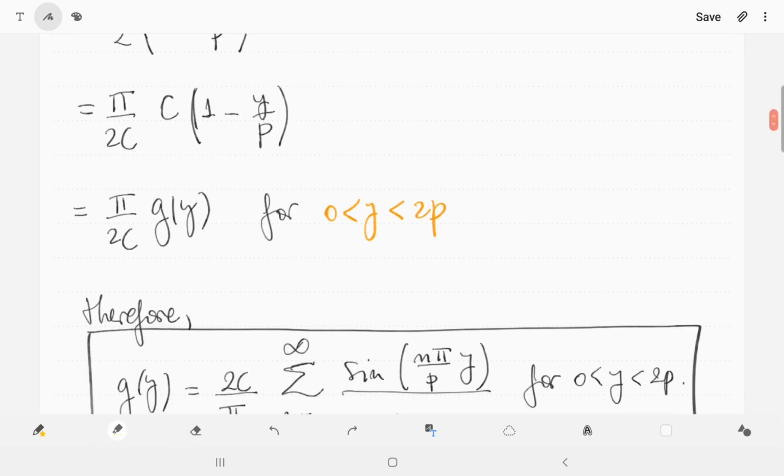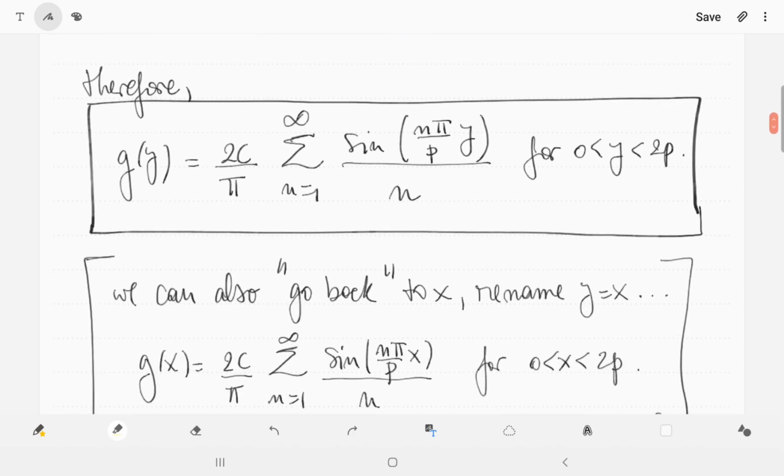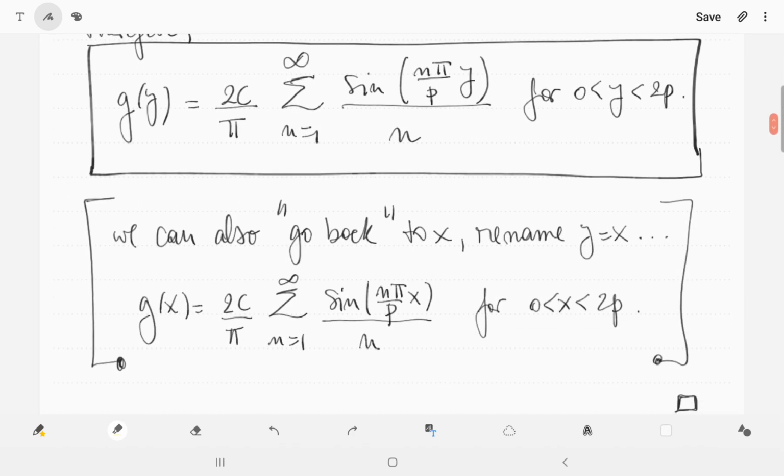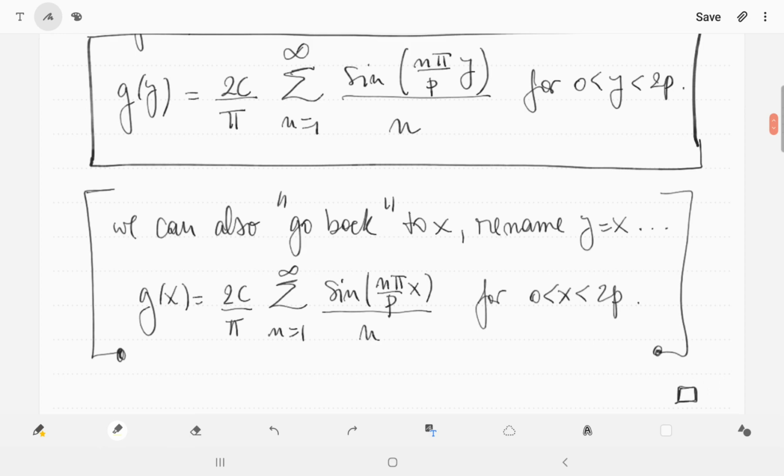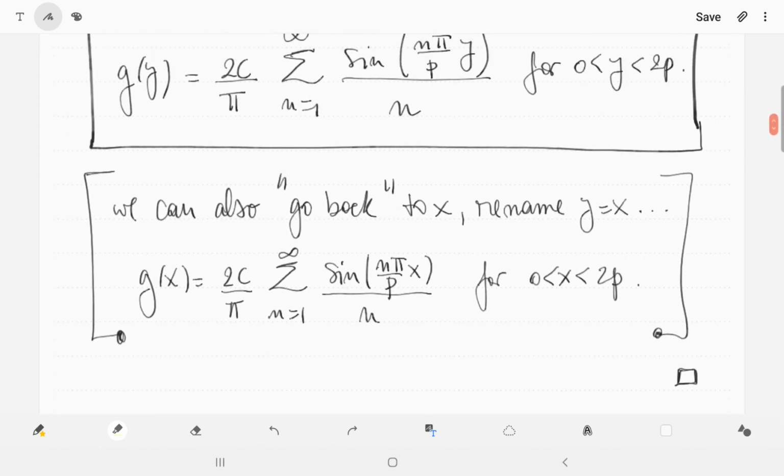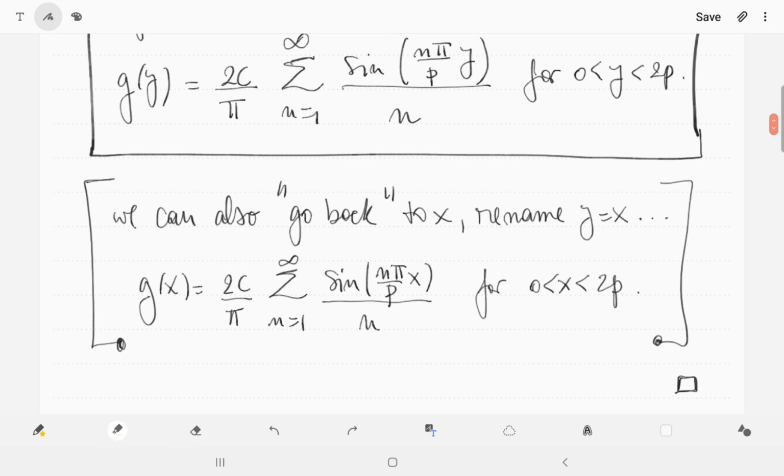That's the only step that you have to justify apart from the relation between f and g. Okay, and that's it for the first part of this lecture.